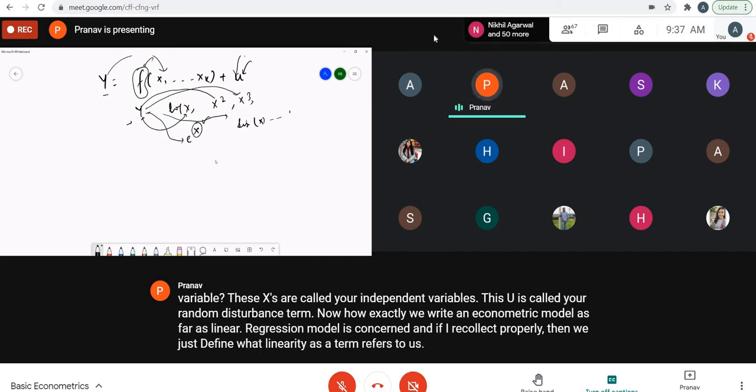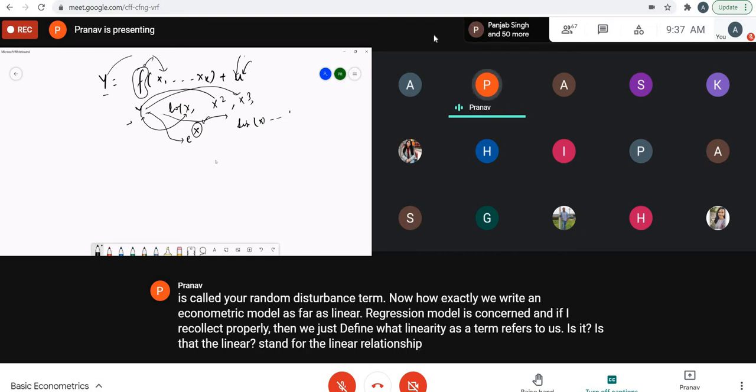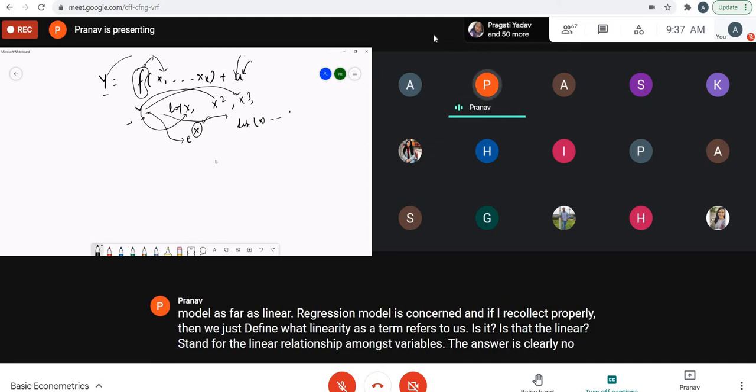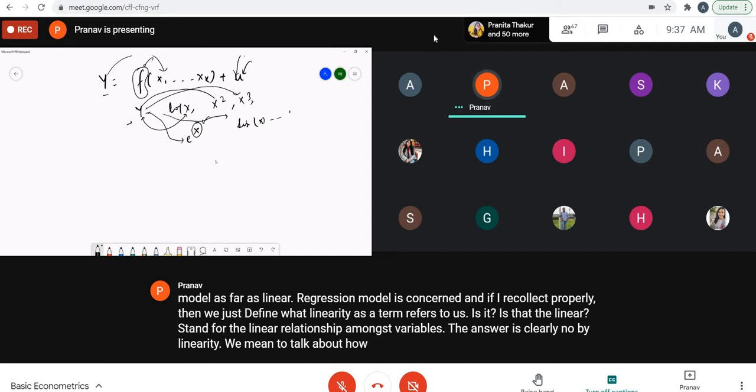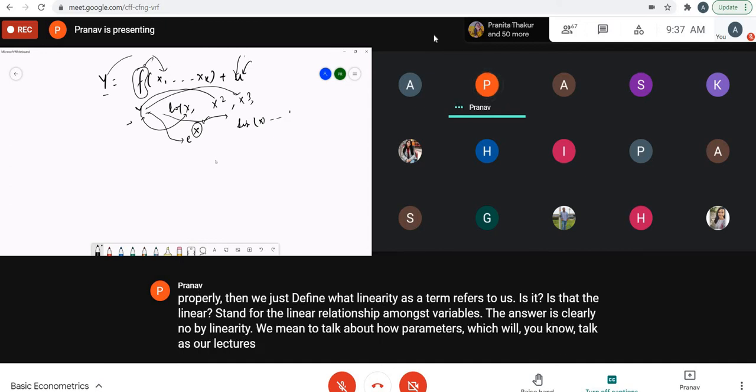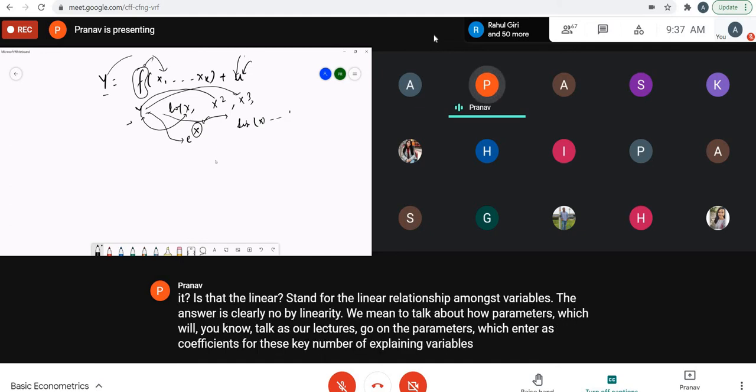Does linear stand for a linear relationship amongst variables? The answer is clearly no. By linearity, we mean how the parameters, which we'll talk about as our lectures go on, enter as coefficients for these k number of explanatory variables and the error term.